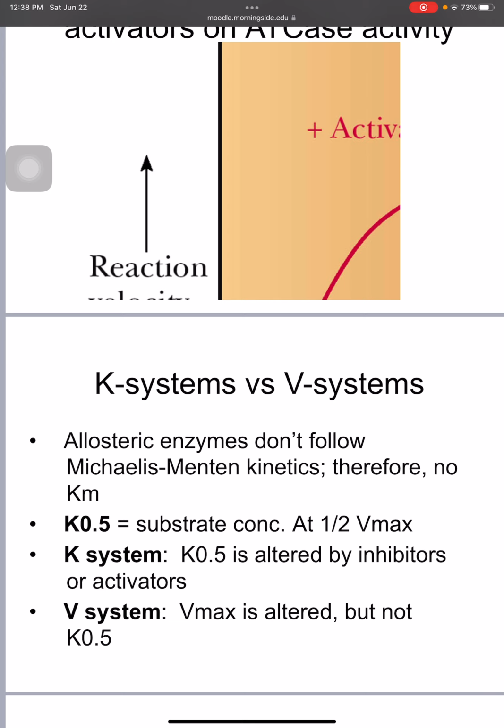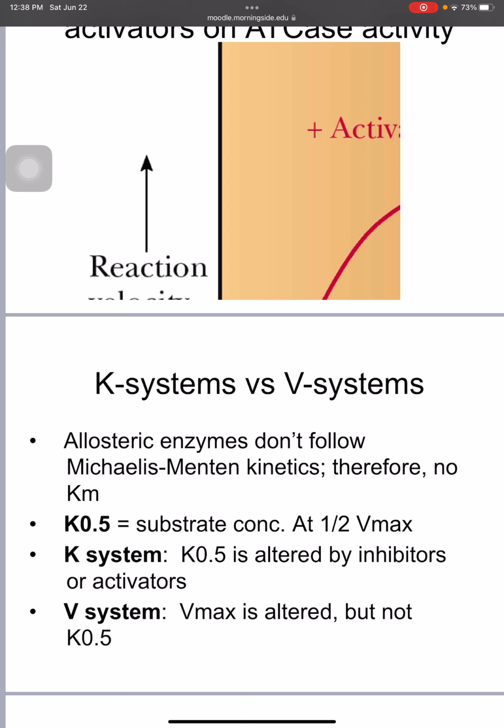And as you might expect, a V system is analogous to the Michaelis-Menten systems that had non-competitive inhibitors. Vmax is artificially lowered. You're never going to get there. But the K sub 0.5 remains the same.